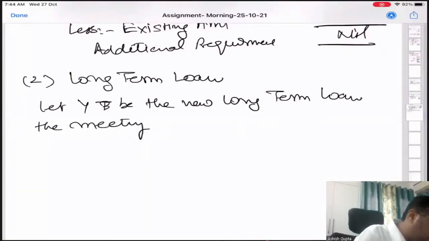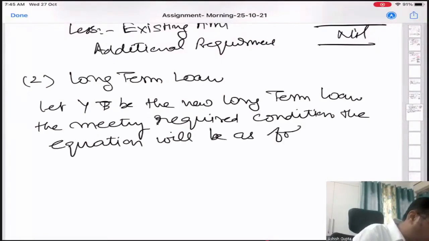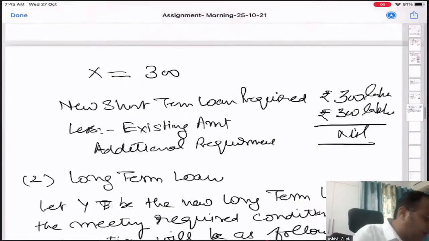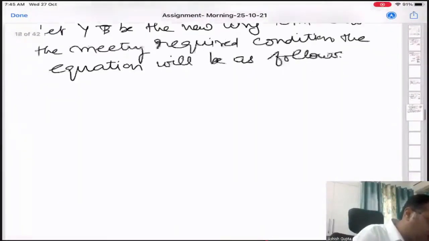Then meeting the required condition. So our long-term requirement condition is 1.5, fixed assets to the long-term loans.